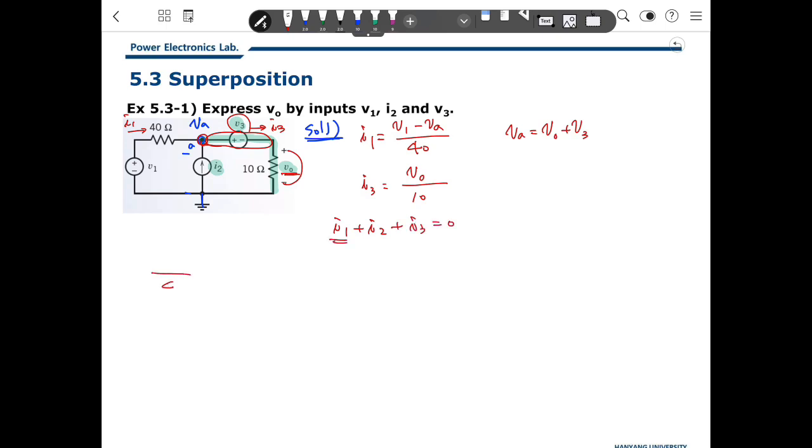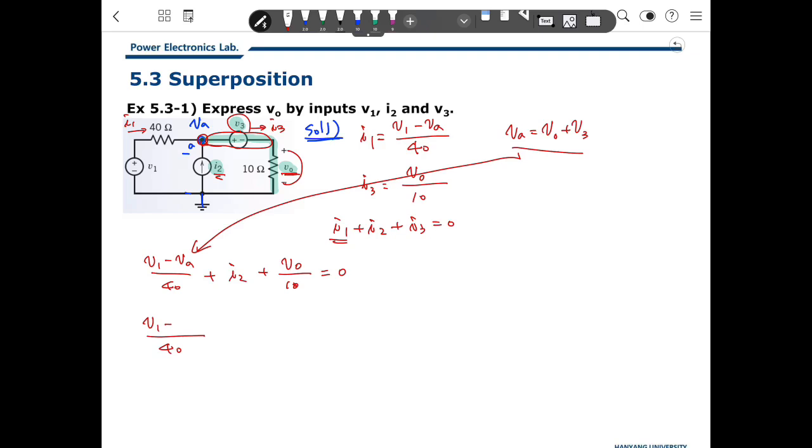What is I1? I1 here is 1/40 (V1 minus VA), plus I2, and I3 is 10 VO. That will be 0. Then we insert that value here: 1/40 (V1 minus VO minus V3) plus I2 and 10 VO will be 0.